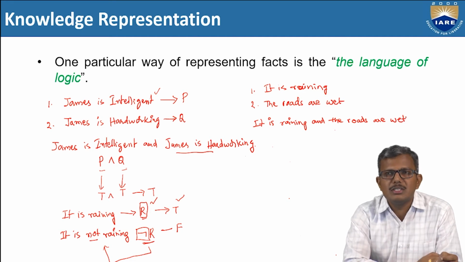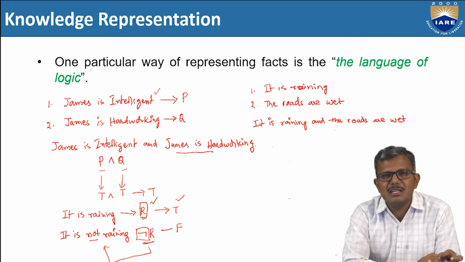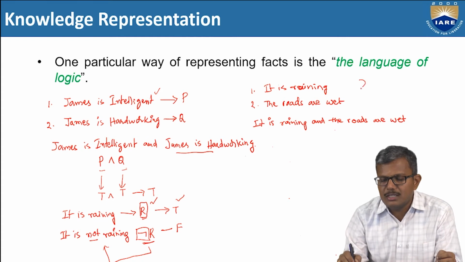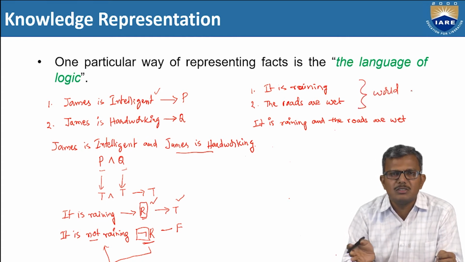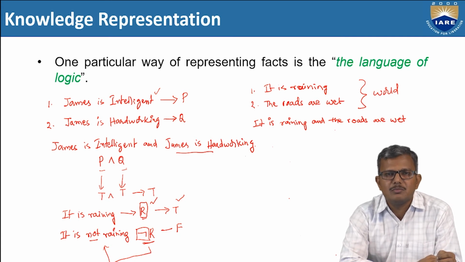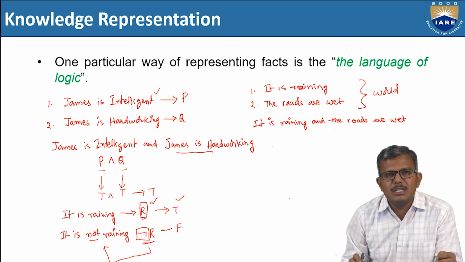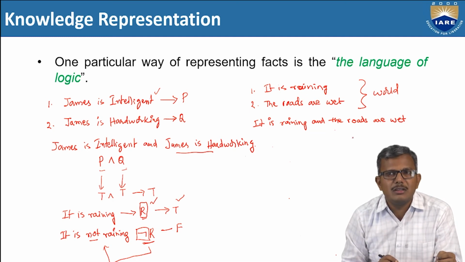First of all, try to understand whether we followed the syntax and semantics of the formal language. Definitely we can say yes. Why? Because these two sentences are talking about the same world, that is temperature, environment, climatic conditions. So we have followed the syntax and also the semantics, meaning the sentence gives some sense, some meaning.